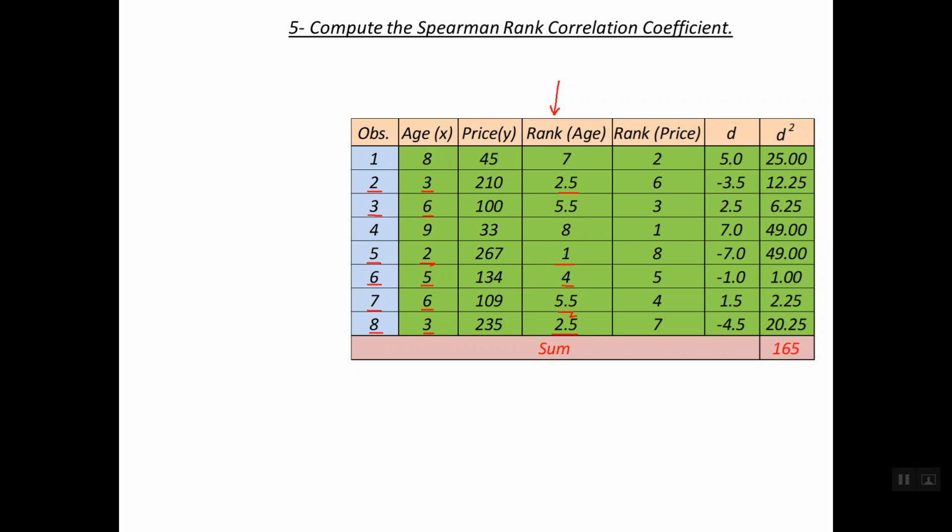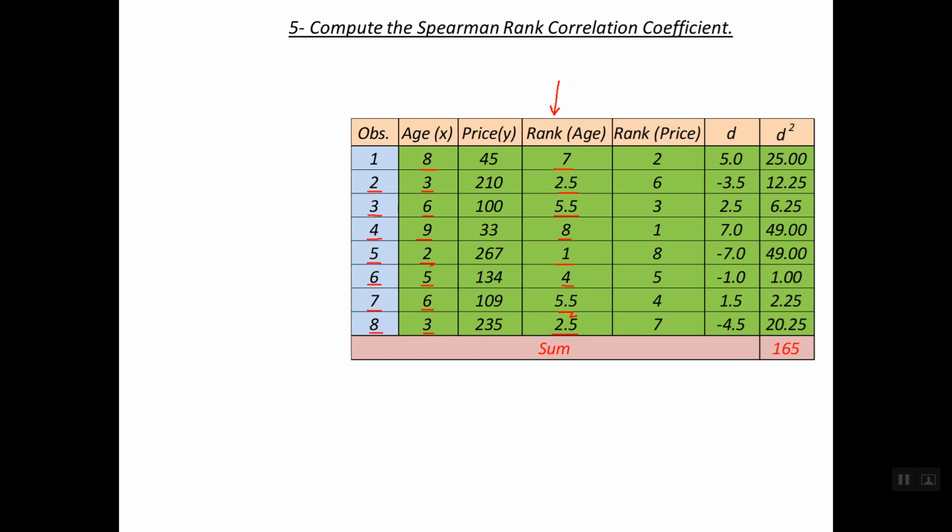So for car number 7 the rank is 5.5, and the same for car number 3. Now we have car number 1 with an age of 8 years, so its rank will be 7, and the last car is car number 4, the oldest car at 9 years. It will have the rank of 8.